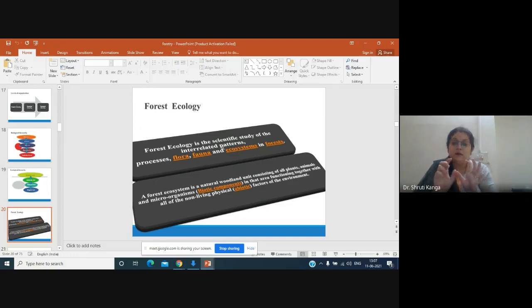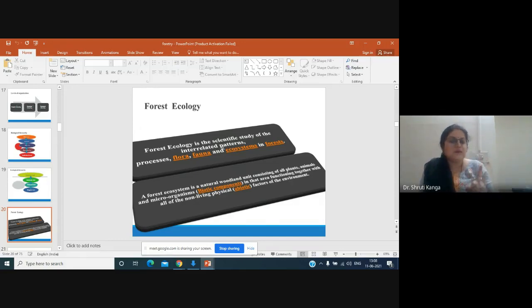That area functioning together with all the non-living organisms, abiotic factors of the environment. Now, a forest ecosystem is what? The living and non-living factors of forest environment is known as the forest ecosystem.